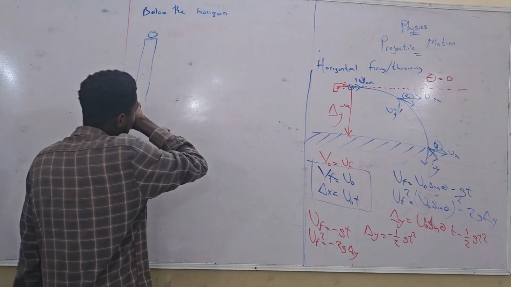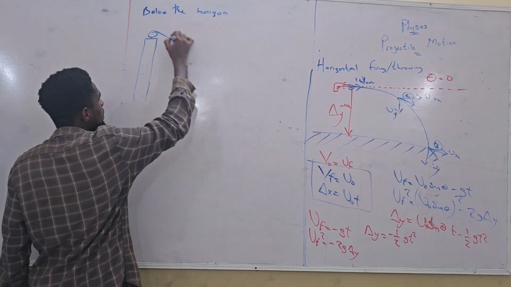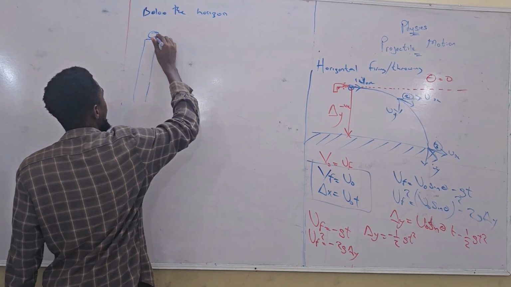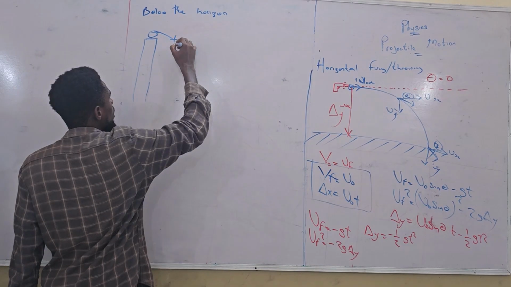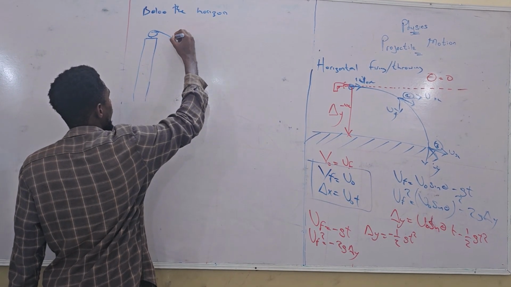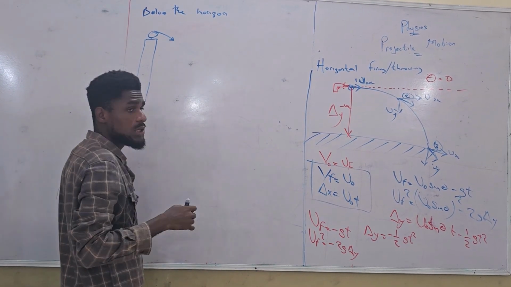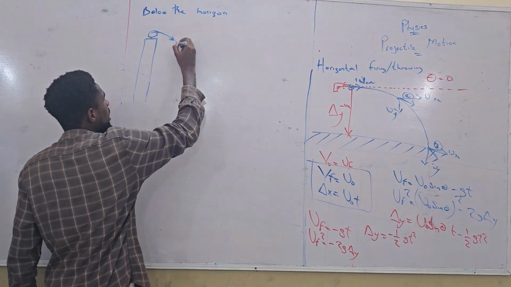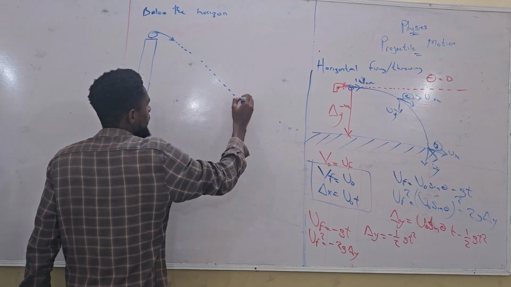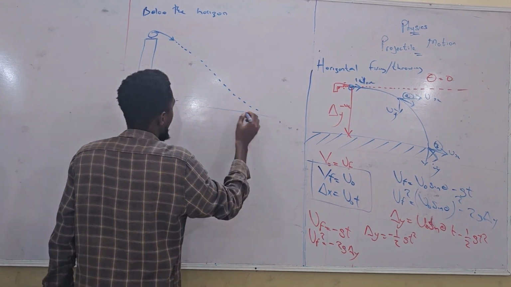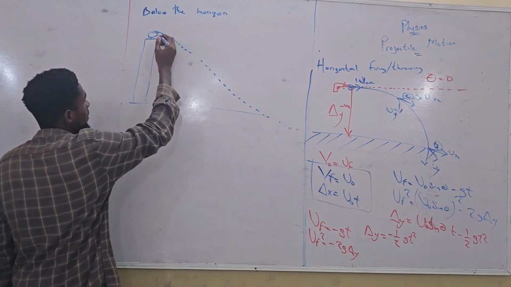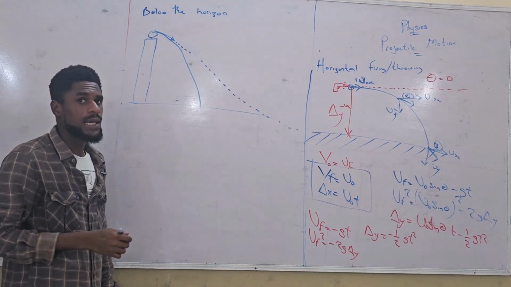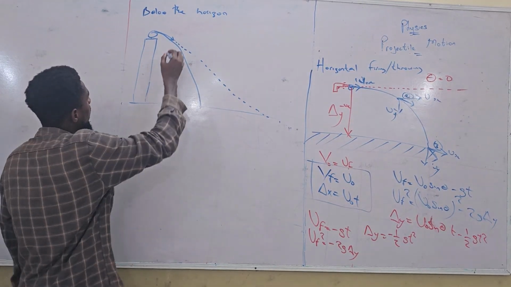The ball is somewhere here, and we want to throw it in this direction, in such a way that if not for the influence of gravity, this ball would keep on moving in this path till it touches the ground. But because of gravity, this ball won't move in this path, but rather move in a parabolic path. So we have our angle.